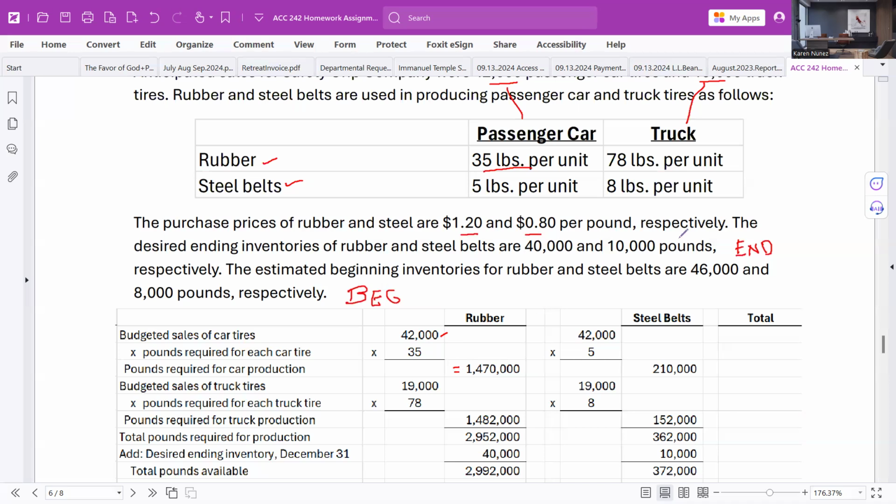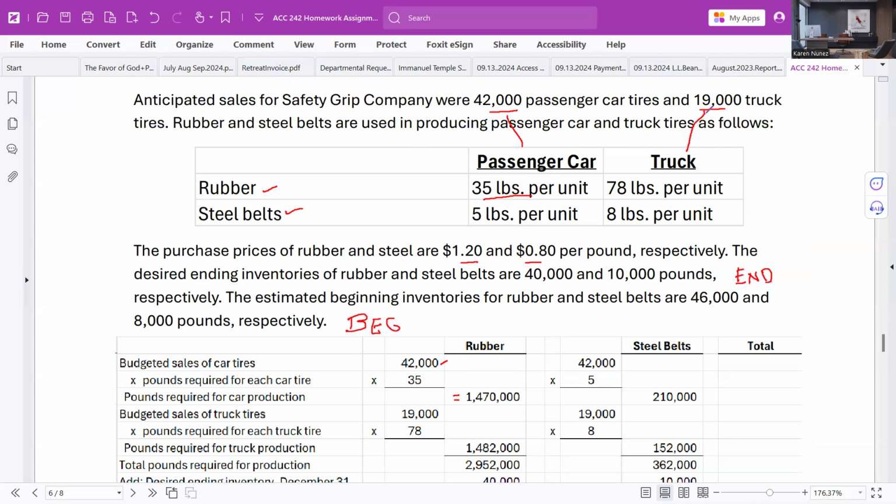But then for this truck product, we're planning to sell 19,000 of these tires, and that's what we're going to produce. And so each one of these tires needs 78 pounds of rubber. That's 1,482,000 pounds of rubber.